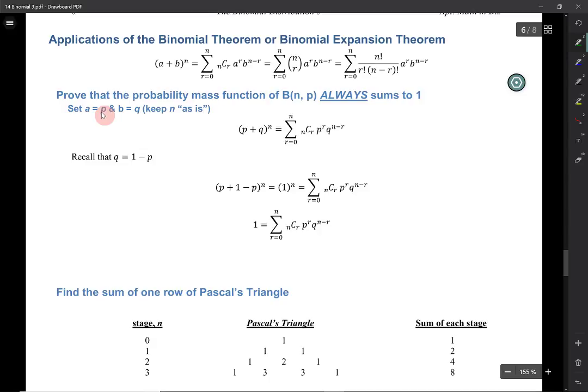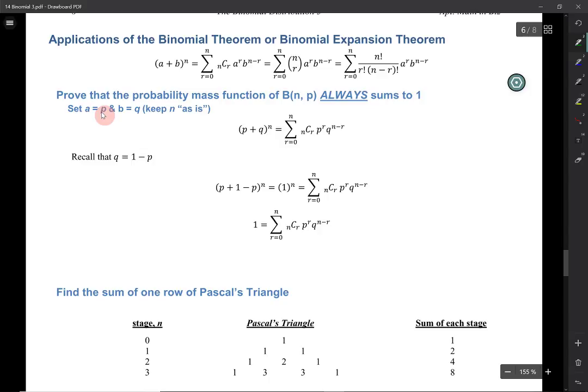Whenever you have tosses of a coin, the binomial coefficients, Pascal's triangle, help you sort out how many are repeated. Remember that? If you count the number of heads, the ways that you get 2 heads in 3 tosses of a coin, how can you get 2 heads?